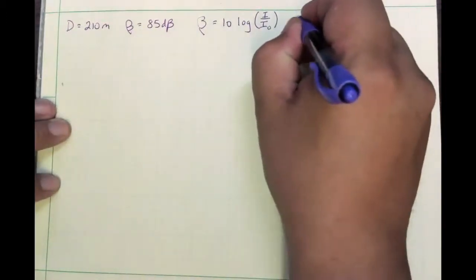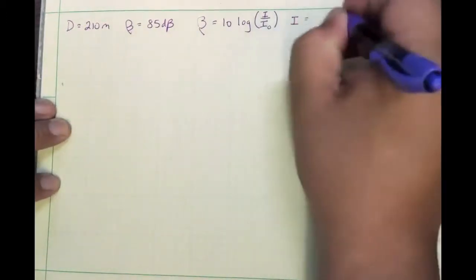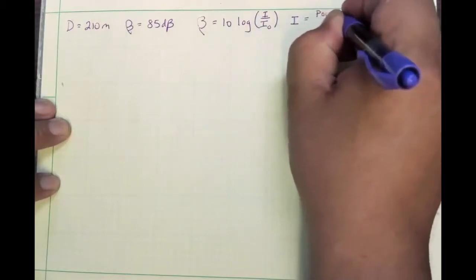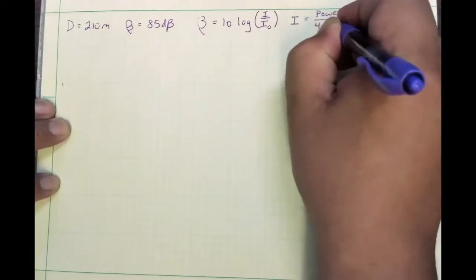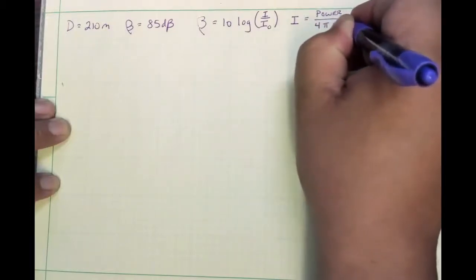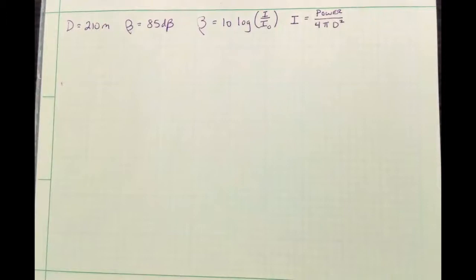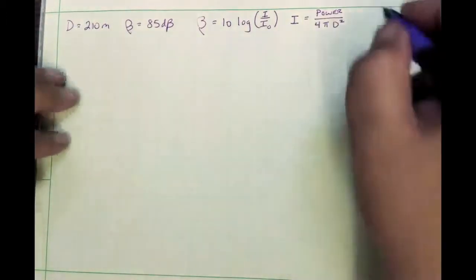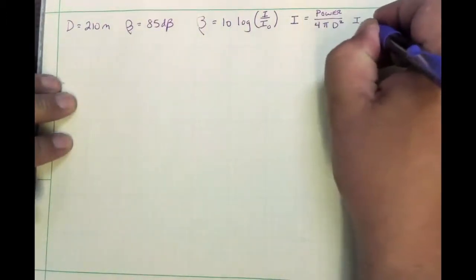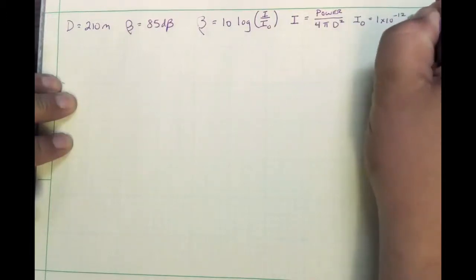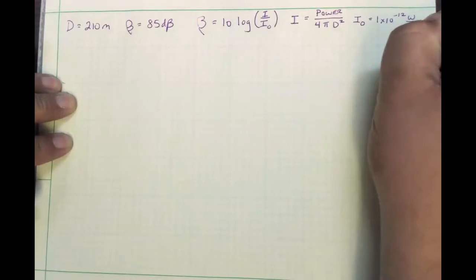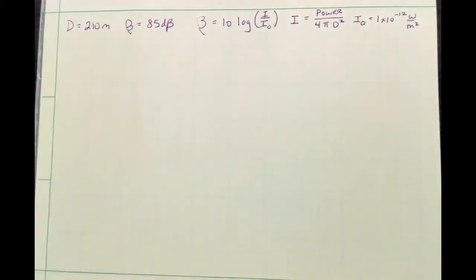Another important equation is the equation for sound intensity, which is the power output of the sound divided by 4 pi times the distance squared. That will tell us the intensity of the sound, and the threshold of hearing, I naught, is 1 times 10 to the minus 12 watts per square meter.